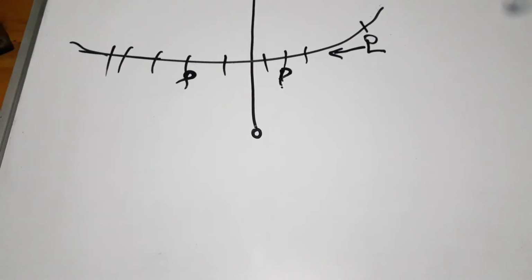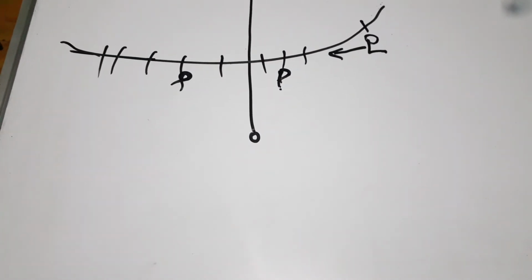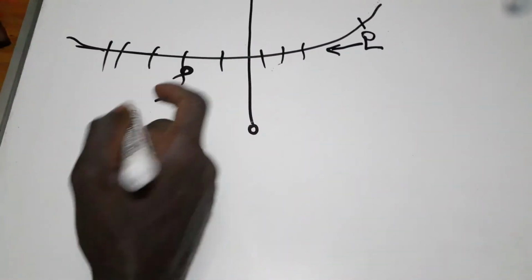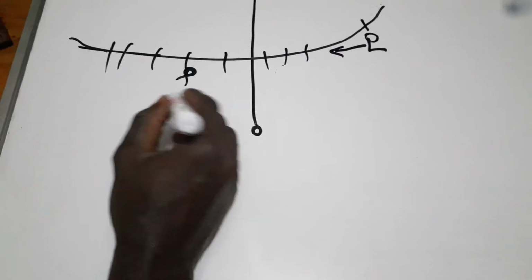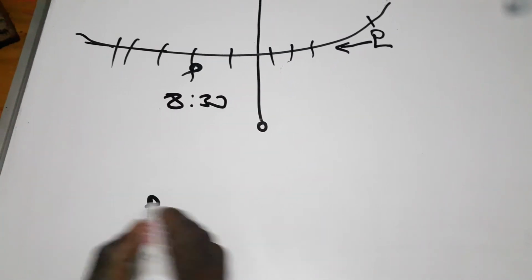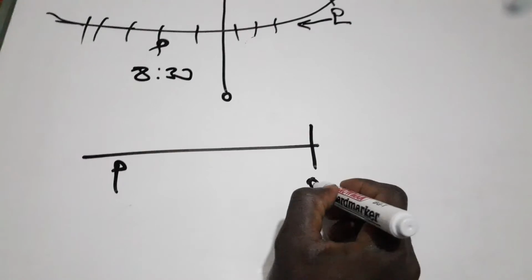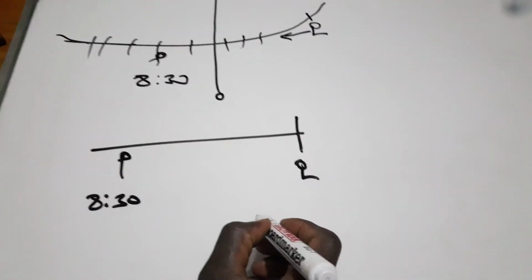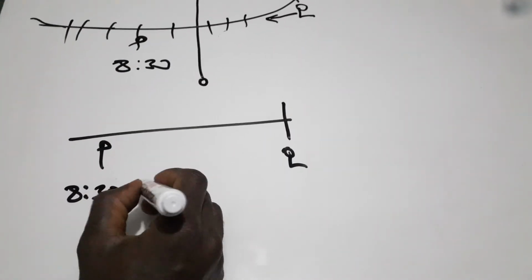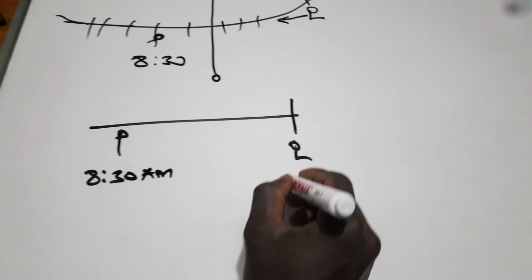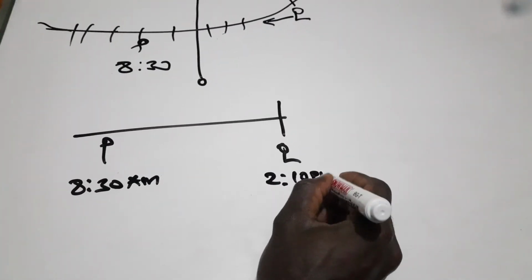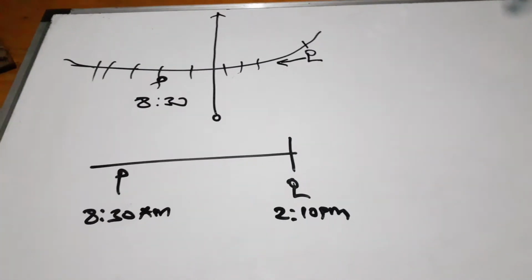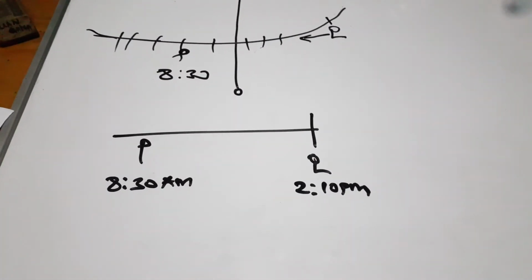But first we're going to locate the point of P. They've said that the local time in P is 8:30. So we have P here, and then we have Q here. So here it's 8:30 a.m., and then Q it's 2:10 p.m. The first thing here, because we've been given hours, we're going to find the difference in minutes.